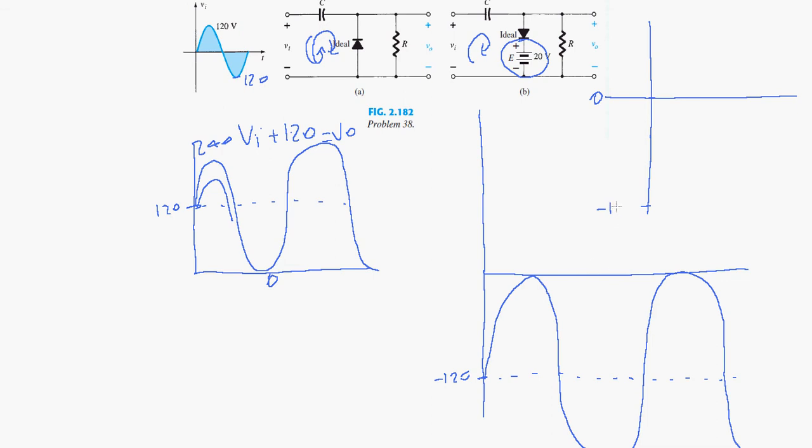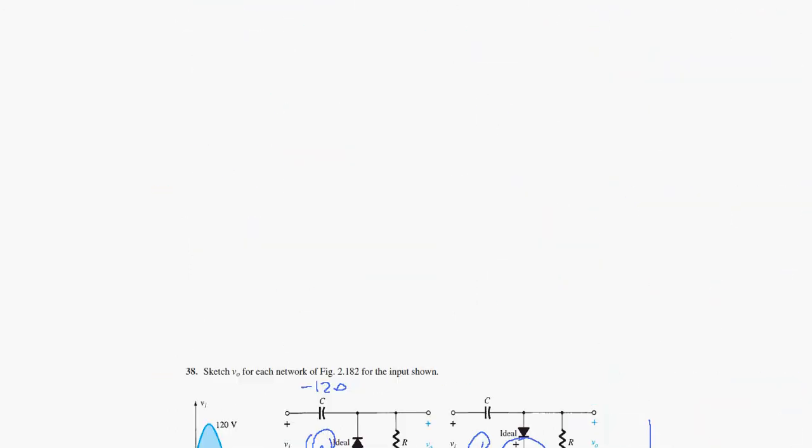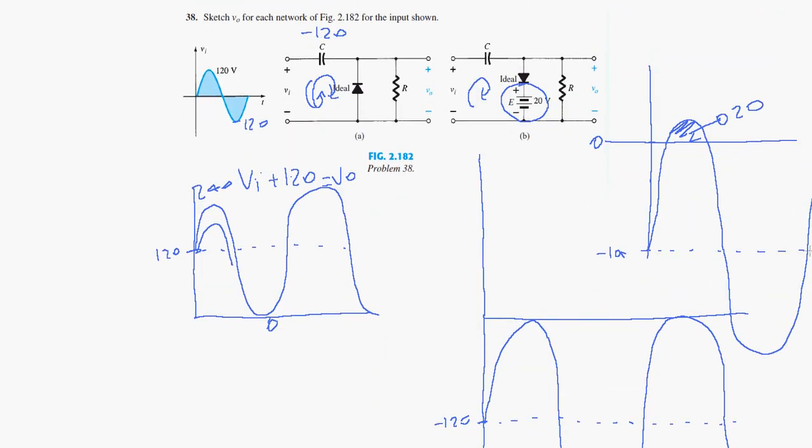So this is the new axis for the source, and so the voltage will go like this. So we have 20 volts here, 20 volts on the left here. So this is what clampers do. They just shift the voltage either upwards or downwards, and you can add an offset here with the DC voltage.